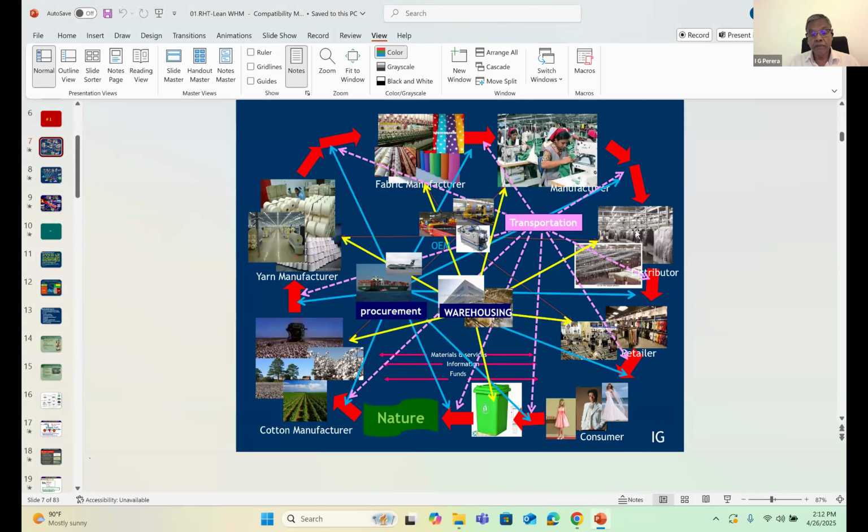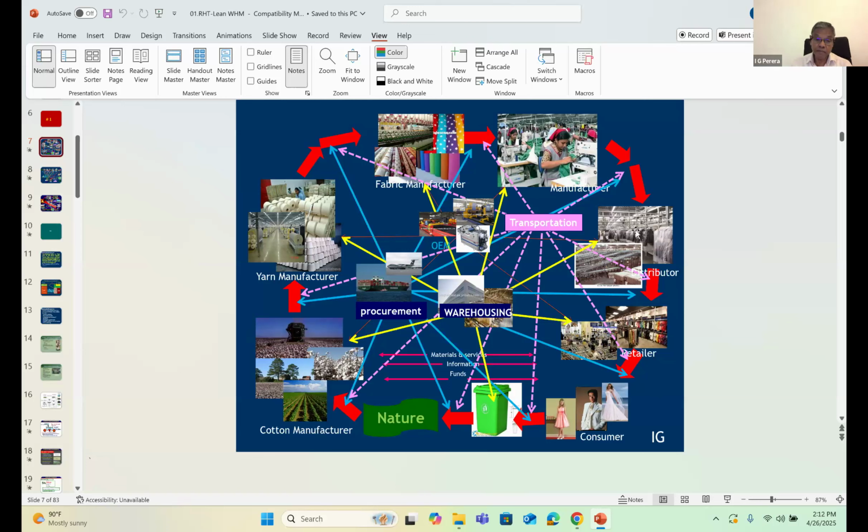It is basically a network of organizations, a web of organizations. It is not linear, it is multidimensional. A web of organizations working in a very close coordinated manner to fulfill a particular market requirement. So that is a supply chain.